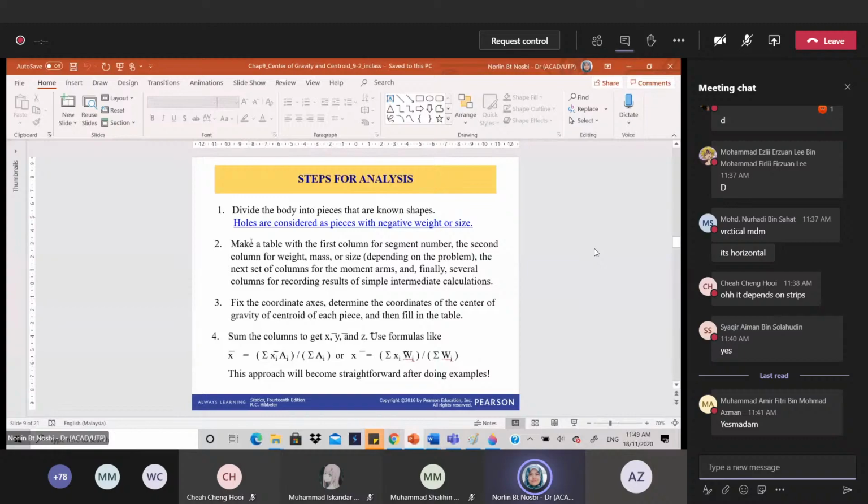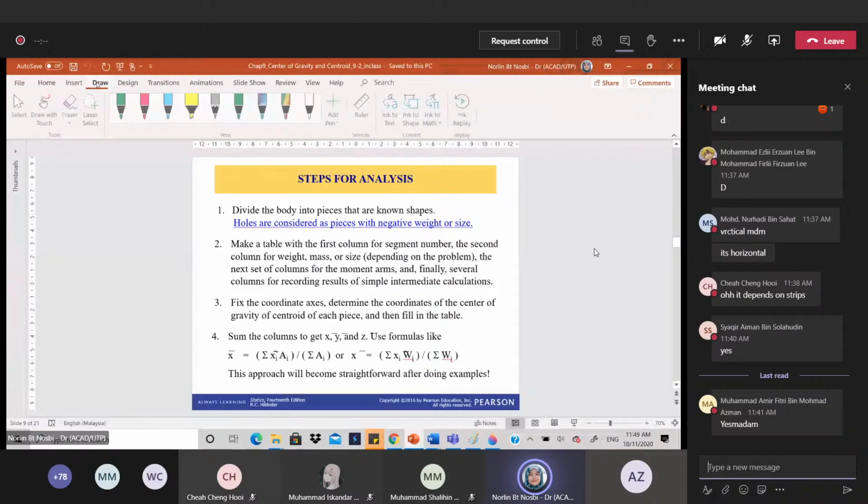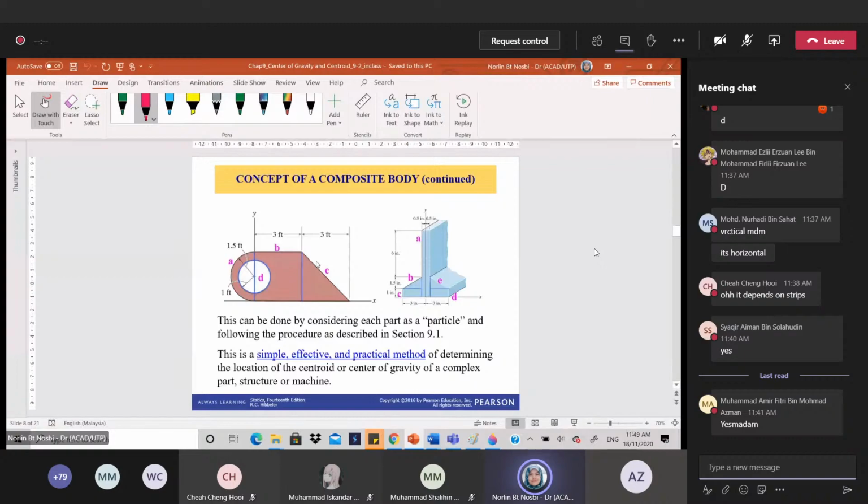Okay, first step, you need to divide the body into pieces that you know in shape, like the one I showed you, right? For example, in this structure, you need to divide it.